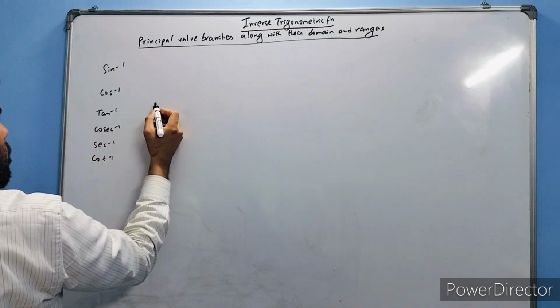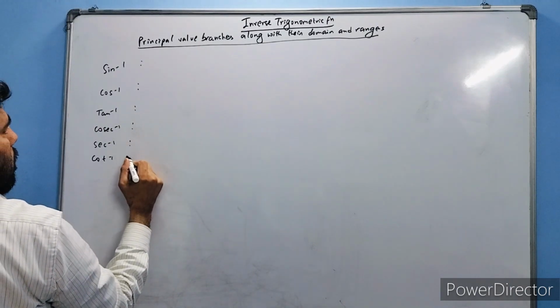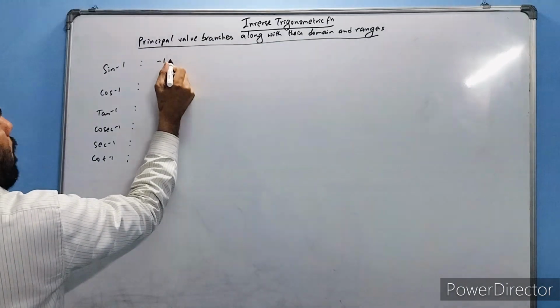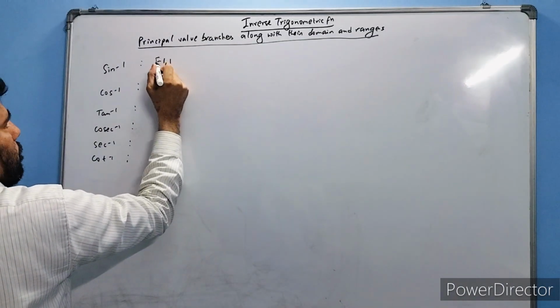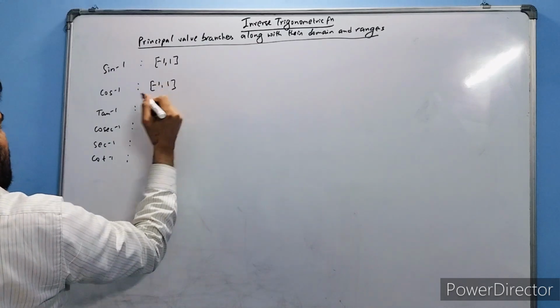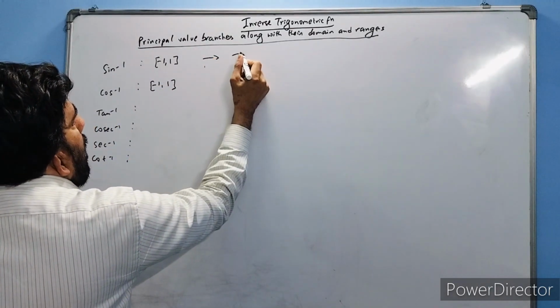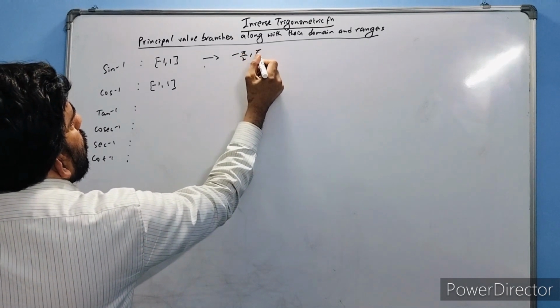We have the value minus 1 to 1, here also minus 1 to 1. For sine inverse the range is minus pi by 2 to pi by 2.